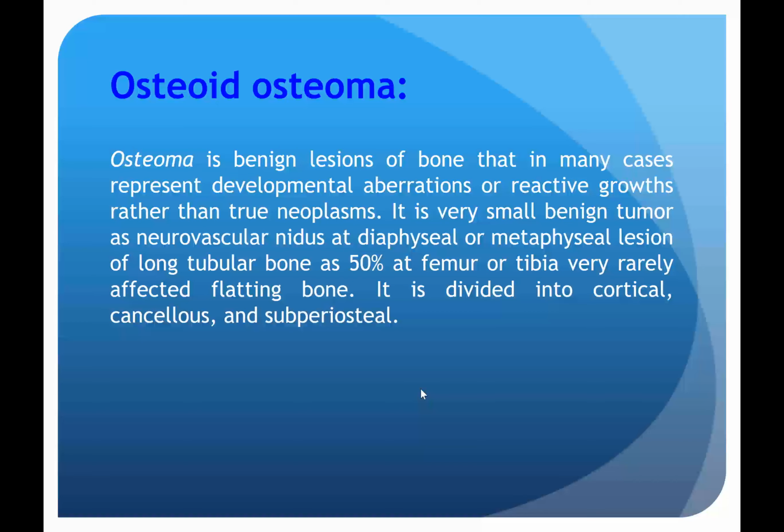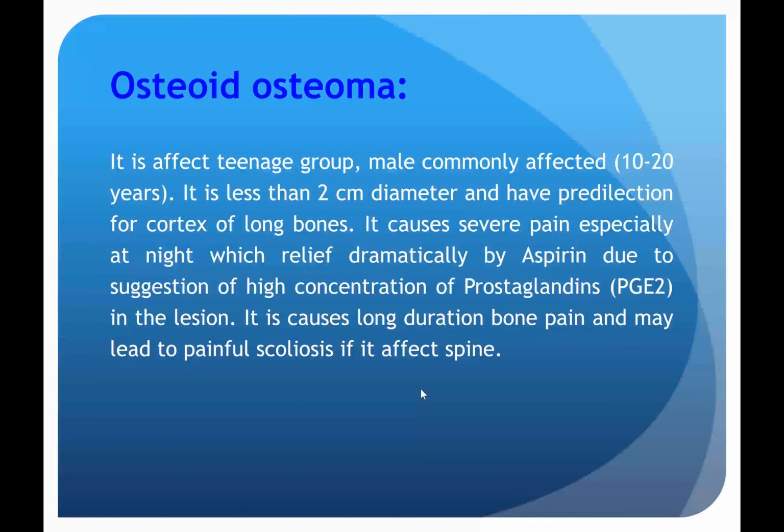It affects 50% the long bones, the tibia and femur, and is rarely seen in flat bones. According to the site, it is divided into cortical, which appears in the cortex, cancellous in the cancellous bone, and subperiosteal. It affects the teenage group, mainly males. It is less than 2 cm in diameter.